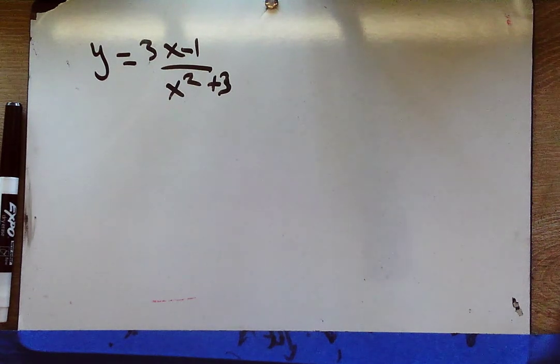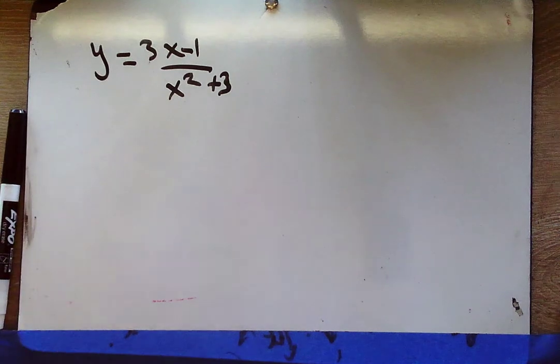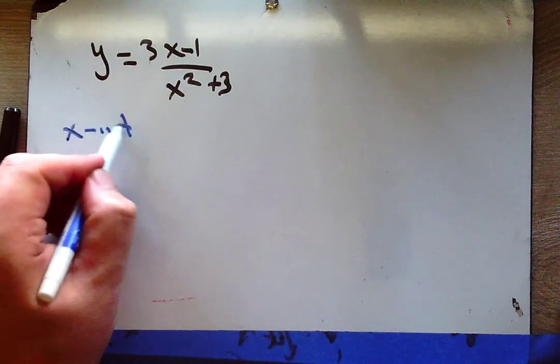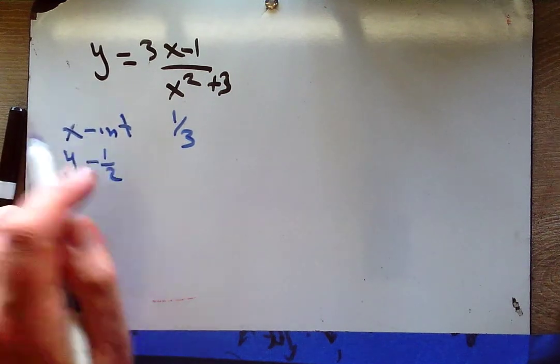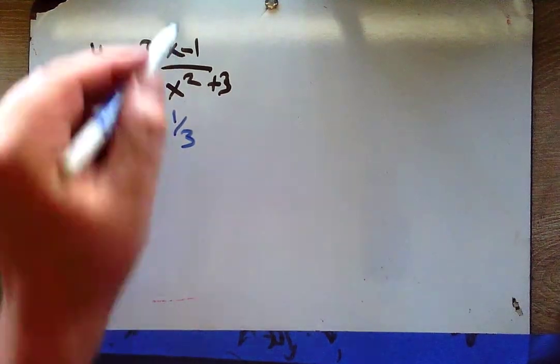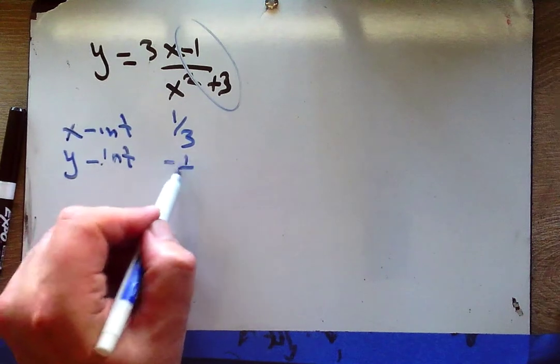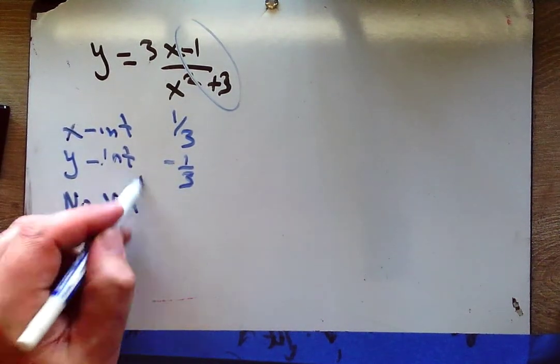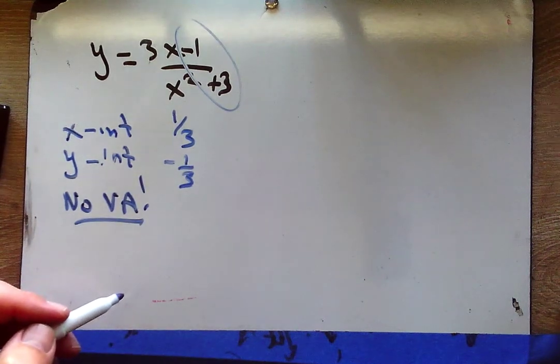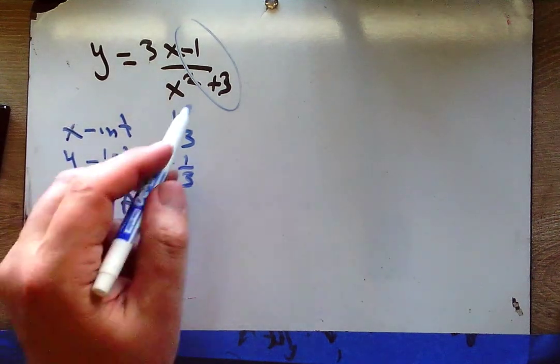All right. So we've got an x-intercept at 1/3. We have a y-intercept at negative 1/3. We've got no vertical asymptotes. What do you mean, no, we don't? We have some vertical asymptotes. Are you sure?